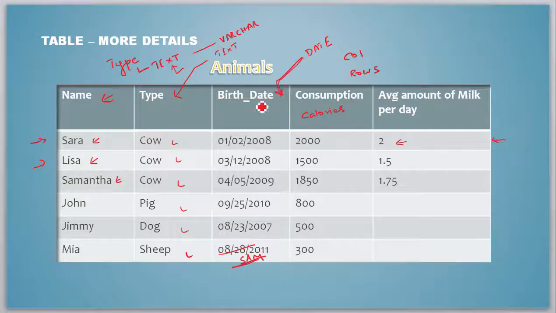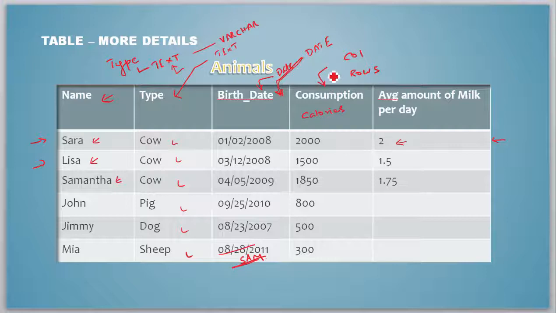So when you create the table, you specify what type of data each column can hold, which acts as a protective measure so that you do not load wrong types of values into it. When you read data from this column, all we need to expect is some kind of date value, something that fits into the date value, not like the birth date for Mia is Sam. No, it doesn't make sense. So each and every column has the type of data that it can hold assigned to it.